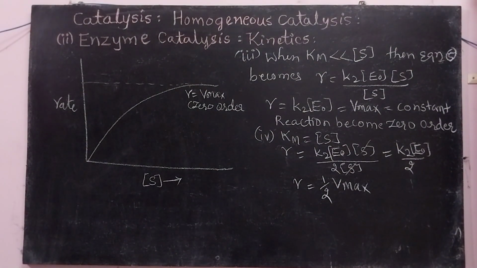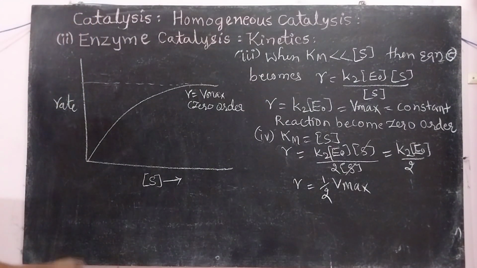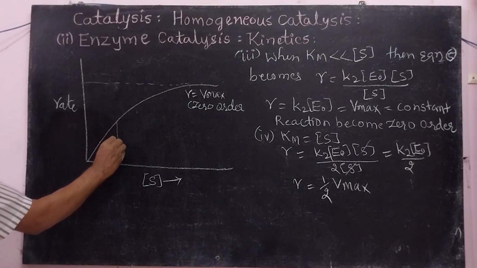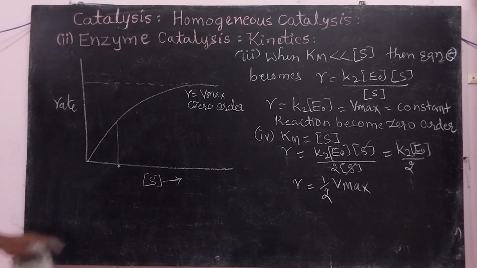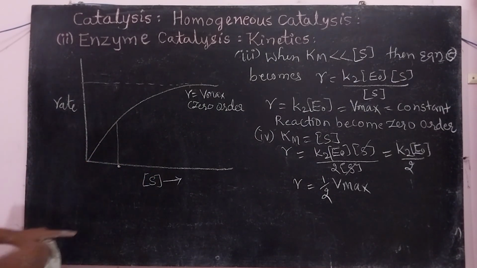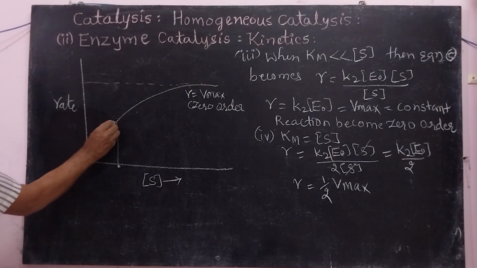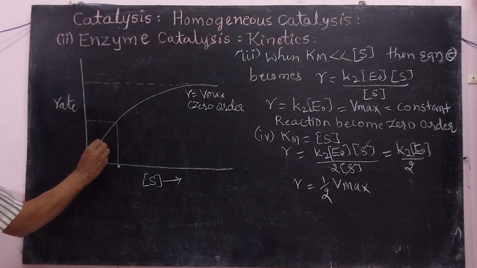Then another condition, when Km is greater than S. Suppose this is a point. We want to calculate S. S is smaller, Km is greater, which means in this area it becomes first order.